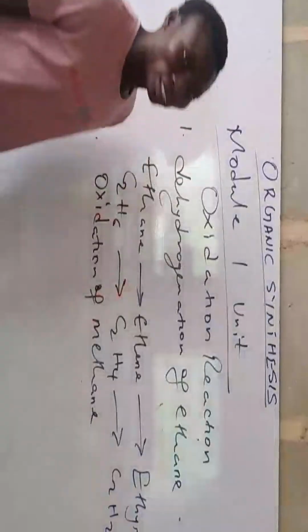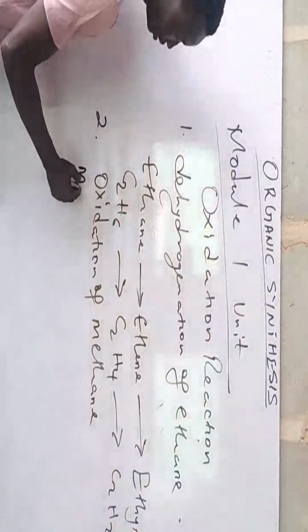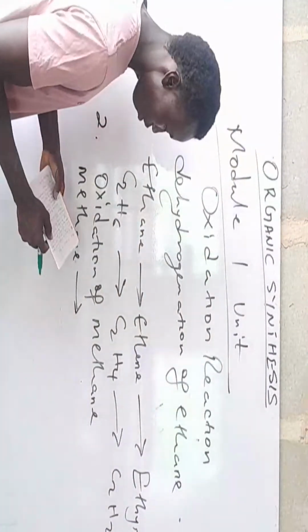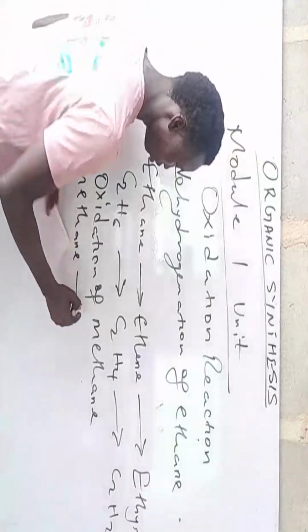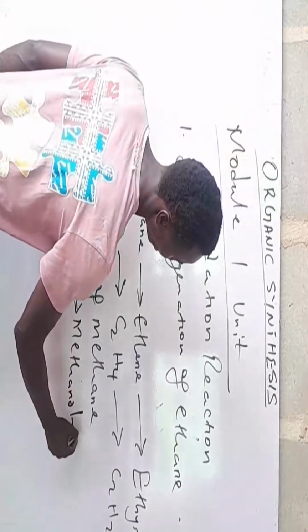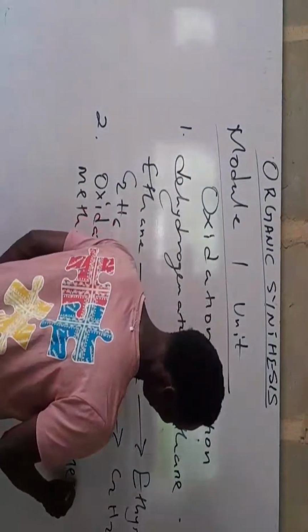In the case of the oxidation of methane, we all know that methane can change to methanol when oxygen is added, and methanol can also change to methanal.